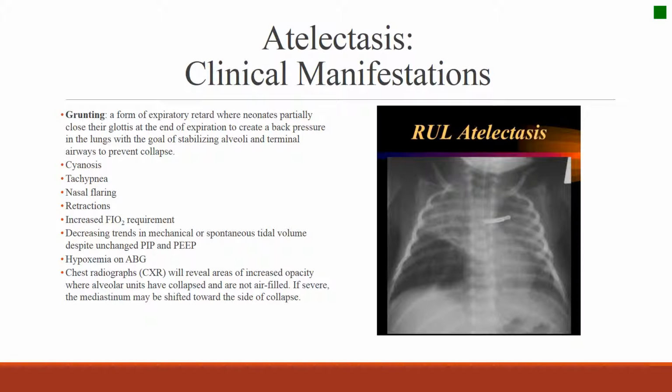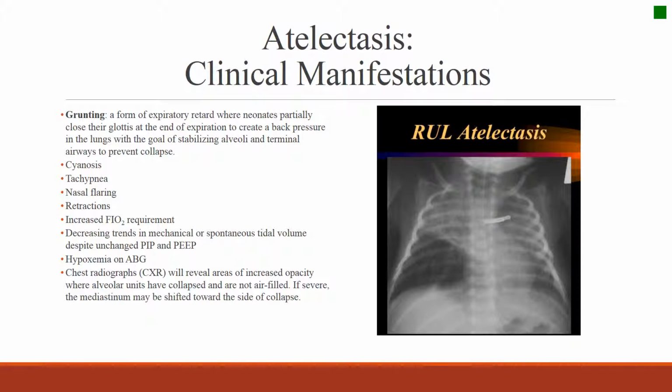Clinical signs of atelectasis in an infant or neonate is going to be grunting. Anytime you hear grunting, that is the baby trying to create more PEEP within themselves, okay? Cyanosis, tachypnea, nasal flaring, retractions, increased FiO2 requirement, decreased trends in mechanical or spontaneous tidal volumes despite an unchanged PIP and PEEP, hypoxemia, and then your chest radiograph will reveal areas of increased opacity where alveolar units have collapsed and are not air-filled.